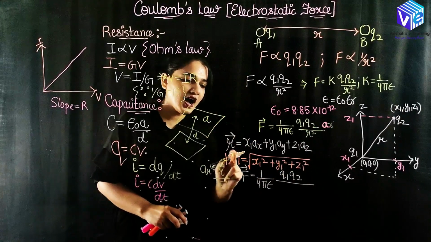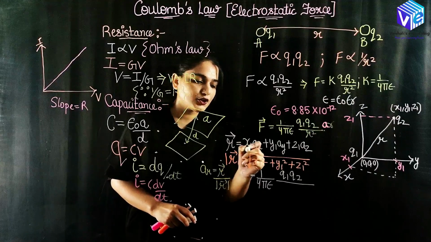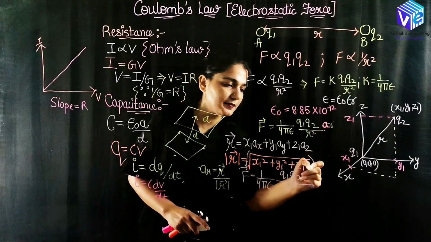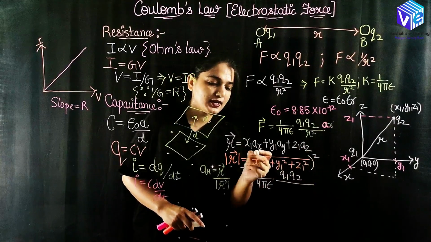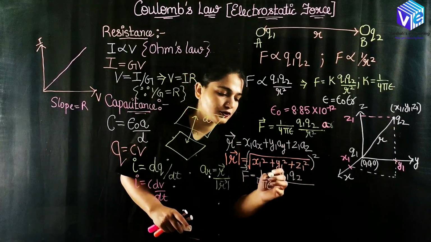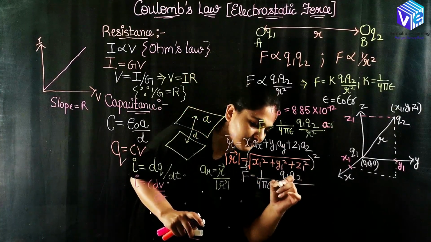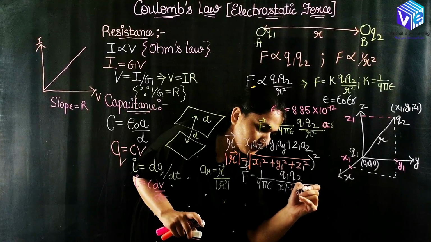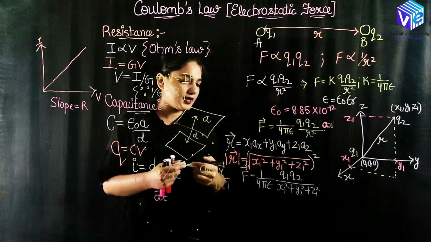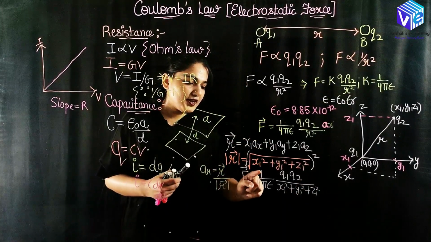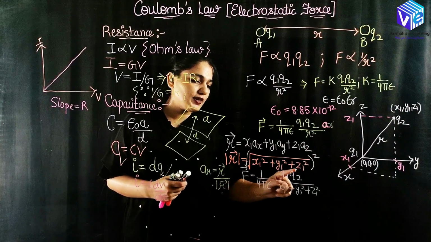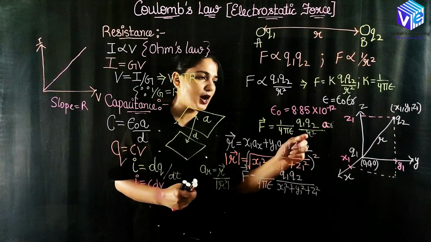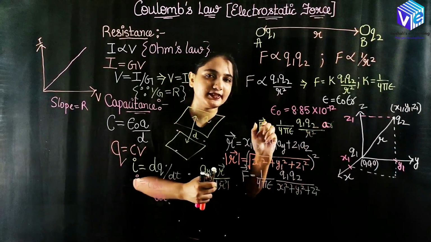So let's put it in the equation, and we'll be having force is equal to, so this is the r. What will be the r square? If I square this term, I will be having the r square, so this under root will cancel out. So this is my 1 upon 4 pi epsilon q1 q2 upon r square. Now I have to multiply it with ar.